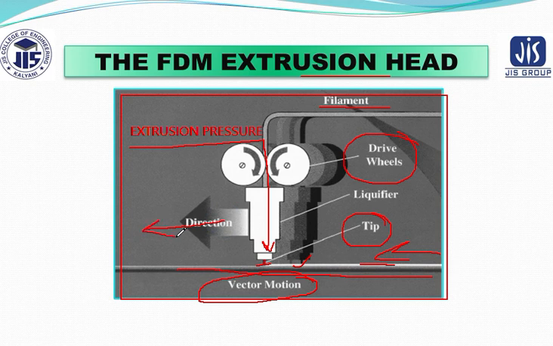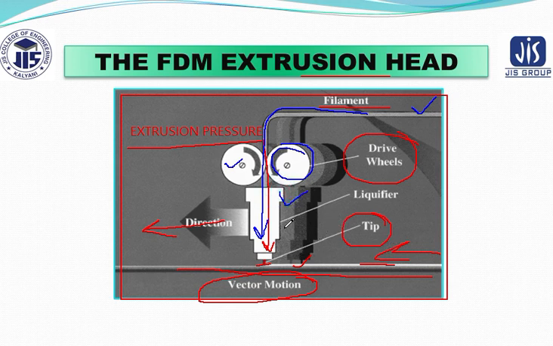This particular direction. So if I repeat once more, what you can see is the filament you are using. These are the drive wheels, and they help you to eject the filament through the nozzle.